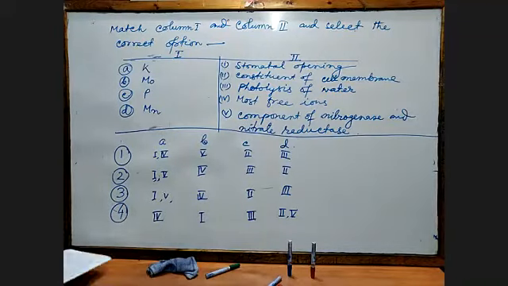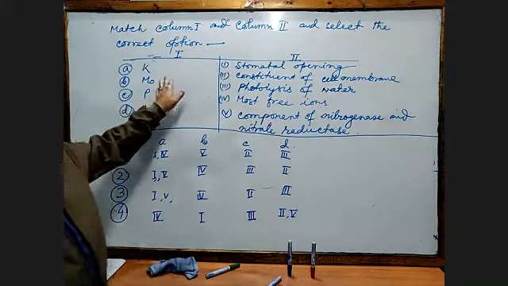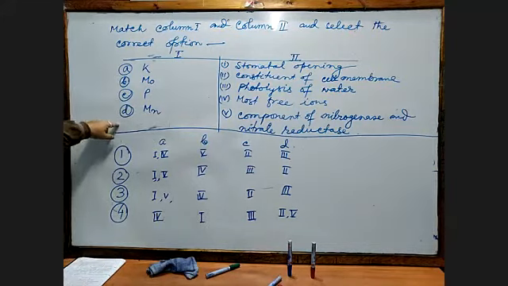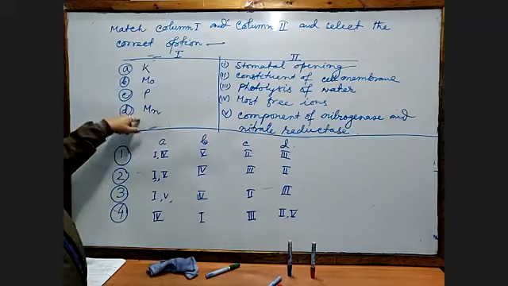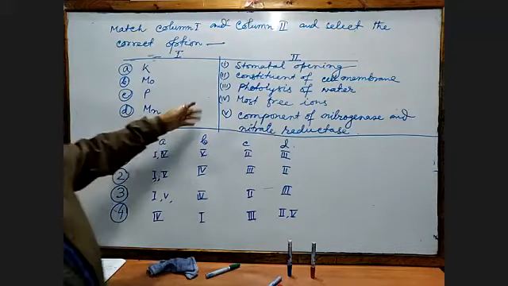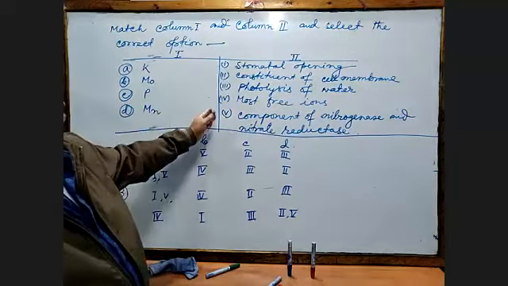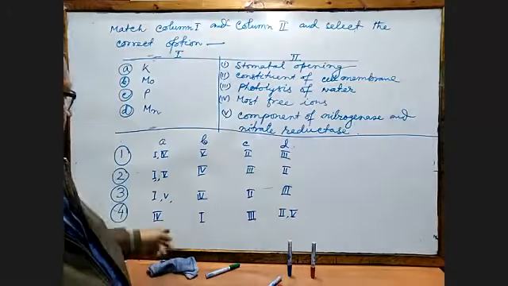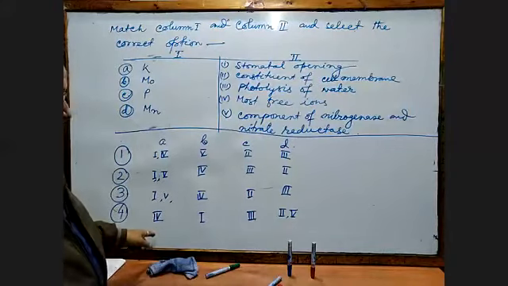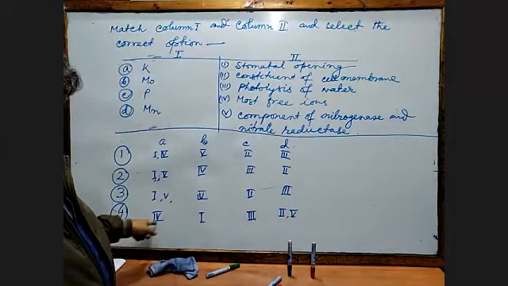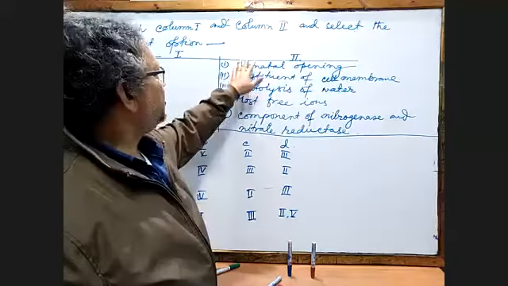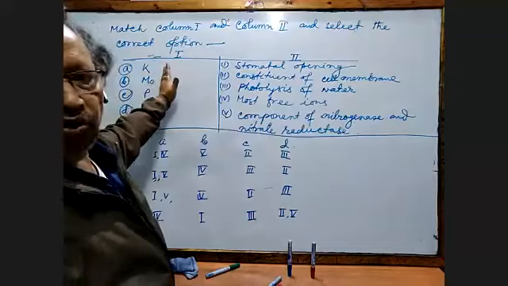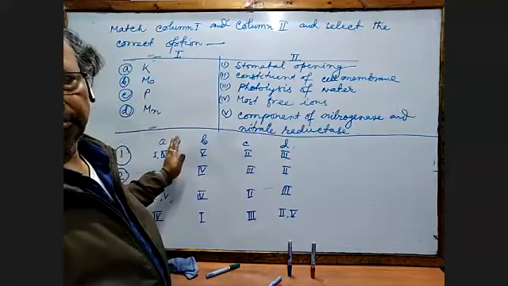These are the options. Here we have to match: the number of elements here is 4, but the functions given in this column are 5. We have to match these. Here, of course, it is showing that all 5 functions are carried out by these 4 elements.